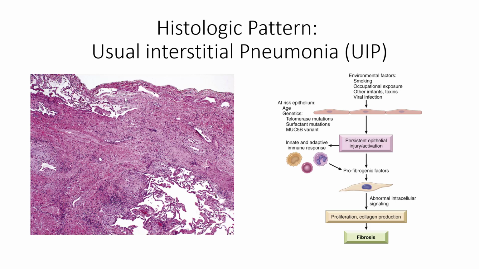They are still working out the details on the genetic predisposition, but they think that they have a couple of leads in terms of telomerase mutations or surfactant mutations, even variations in the genes that code for proteins associated with mucus. Having said all of that, the at-risk epithelium incurs an insult from these environmental factors, and that produces persistent epithelial injury. This gives rise to an inflammatory response, which induces cells like neutrophils to release pro-fibrogenic factors.